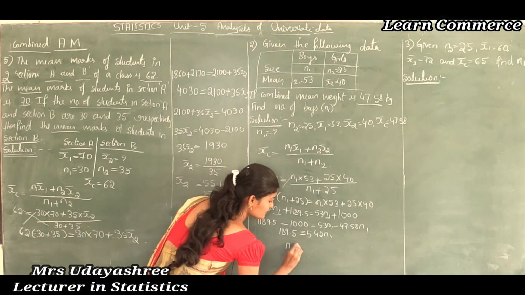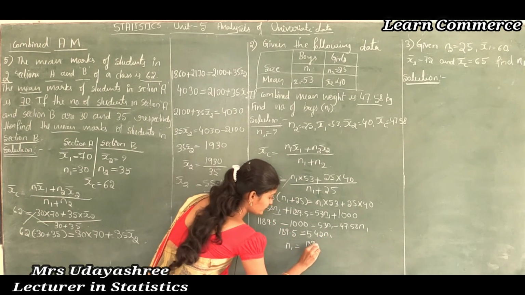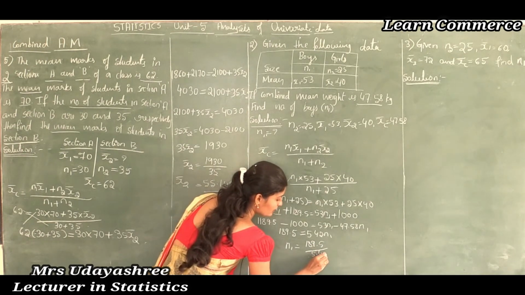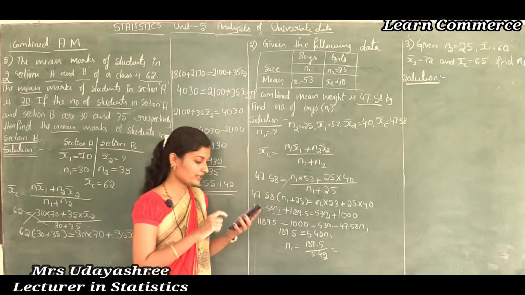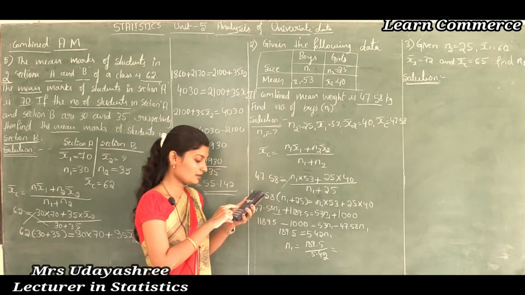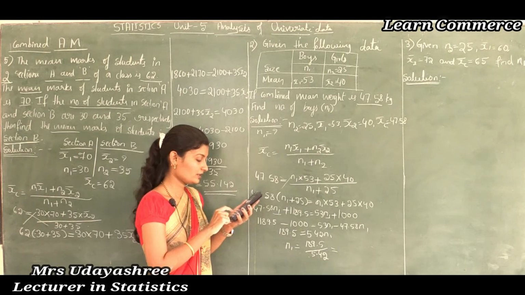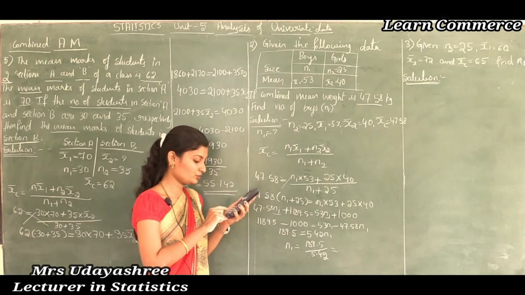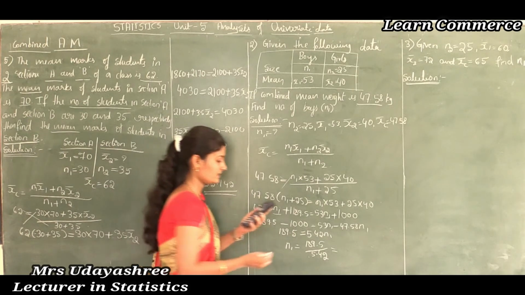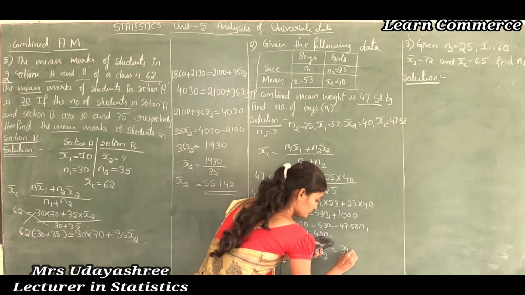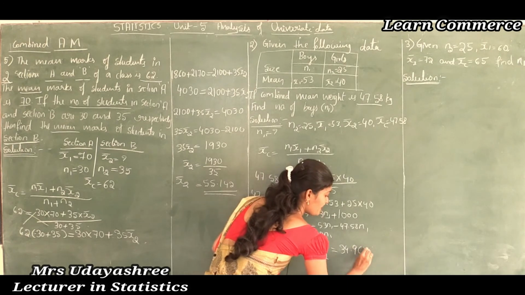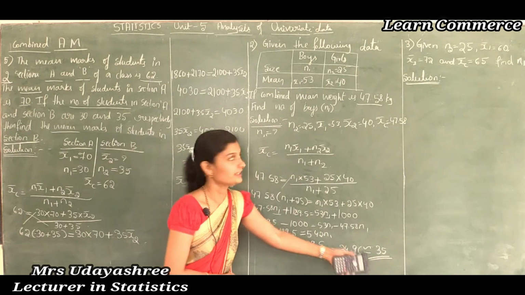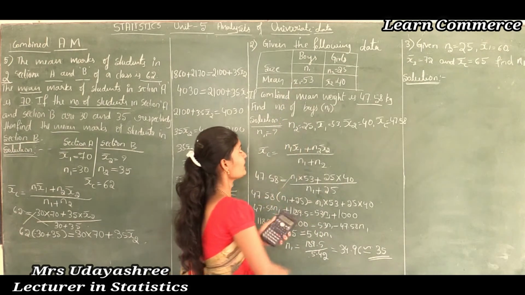Then N1 is equal to 189.5 divided by 5.42, that is 34.96. This is approximately 35. So in this problem N1 is 35.